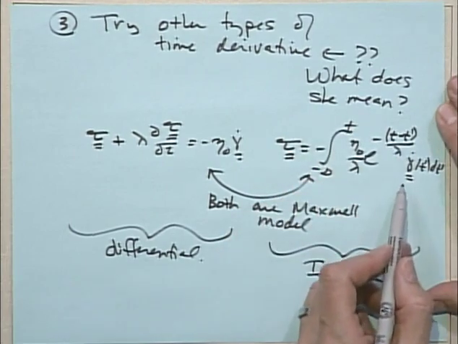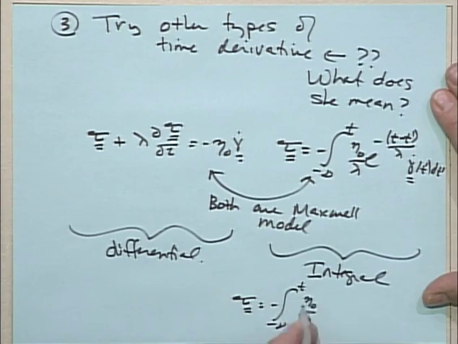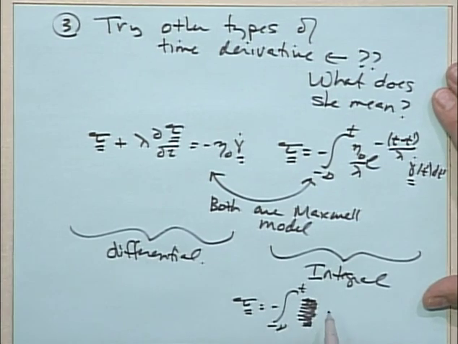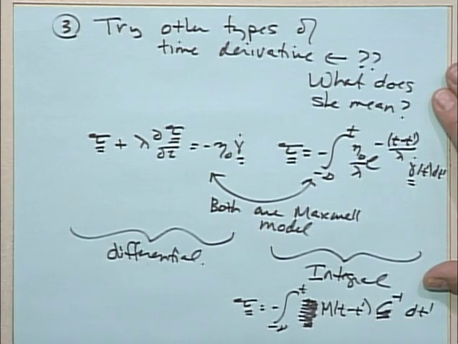This model we can fix up and make a Lodge type model. Tau equals minus the integral from minus infinity to t of eta naught over lambda, well, I better not, I better put it in as before, M of t minus t prime, finger, dt prime, where I put in the right m for the Maxwell model.